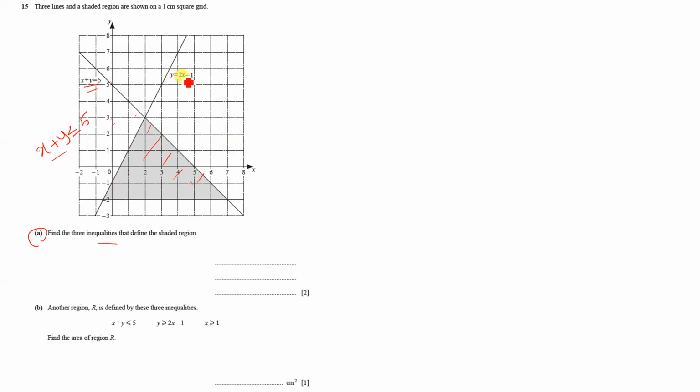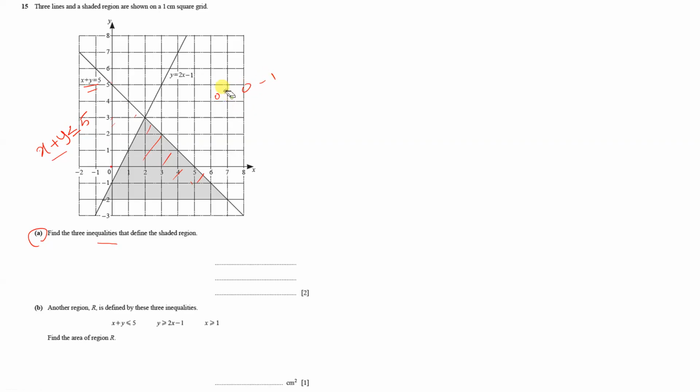Okay, and this is y is equal to 2x minus 1. And you can check whether this part is less than inequality or greater than inequality. For this you can check any point on the right or left side of the line. For example, (0, 0) is a point which lies on this left side, so if you plug this 0 into this, 0 is equal to 0 minus 1.